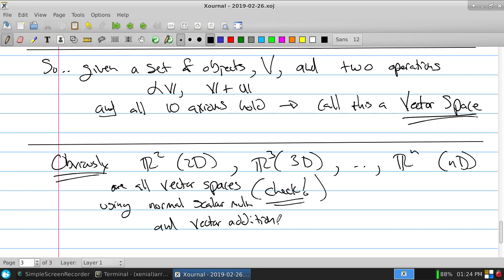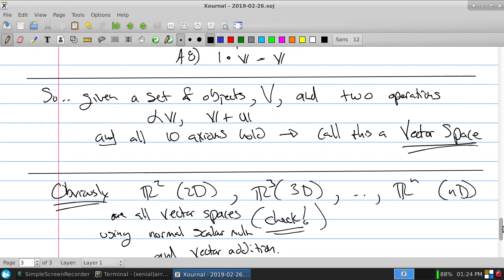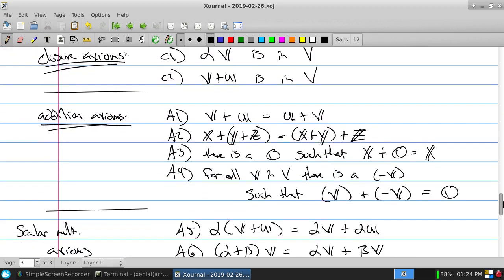And now this is where it might seem like a little bit of a grind. For example, how would you show that for three-dimensional space? What's x? x1, x2, x3. What's y? y1, y2, y3. What's z? z1, z2, z3.